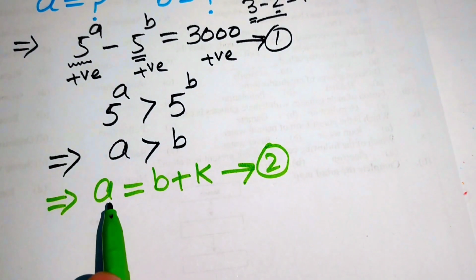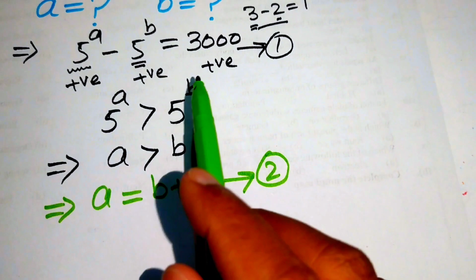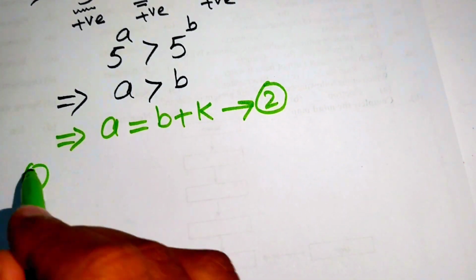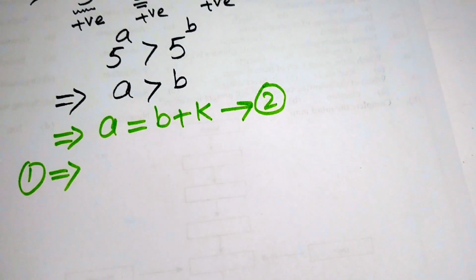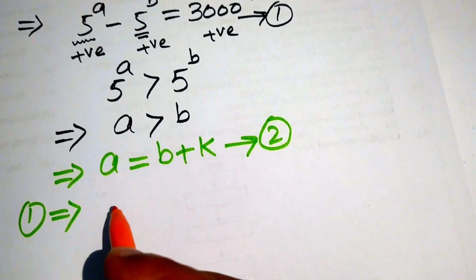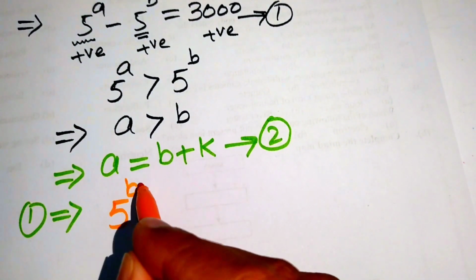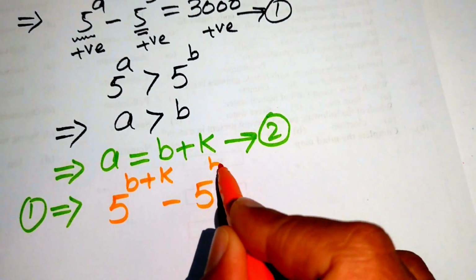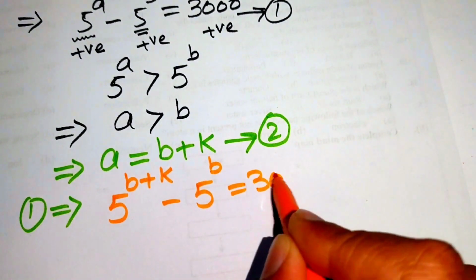And now we put the value of a equals b plus k in equation number 1. So equation number 1 implies that we have 5 to the power of a, so we put a equals b plus k, and it becomes 5 to the power of b plus k minus 5 to the power of b equals 3000.